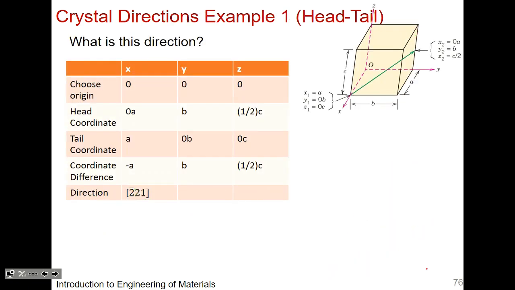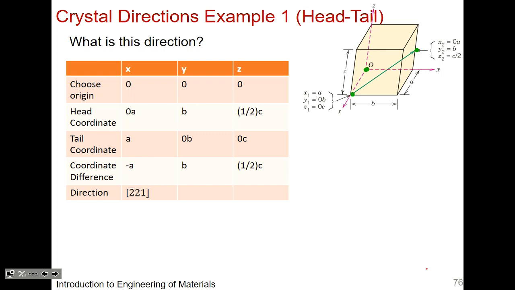Okay. So here's an example that if you see a direction given like this, let's say the green arrow is what you're given, you can see we're not starting at 0, 0. That's not the tail of the direction. Your origin is still here, but the tail of this arrow is here and the head is here.